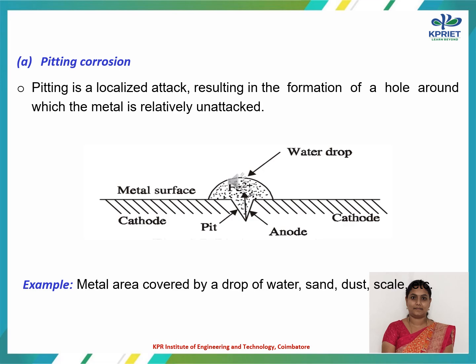Here the differential aeration corrosion occurs due to the loss of electrons as the metal gets oxidized. Gradually a hole or pit will be formed over the metal surface, hence the name pitting corrosion.